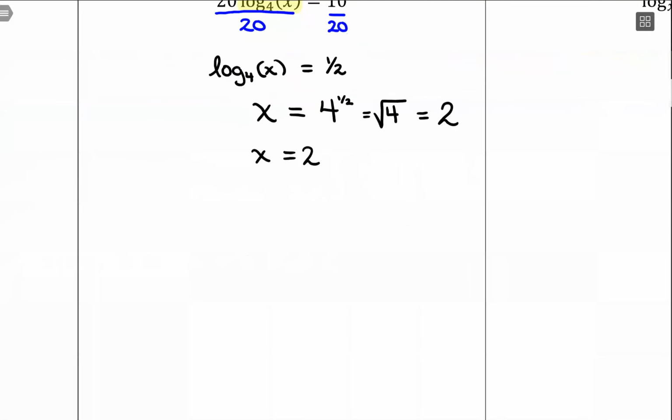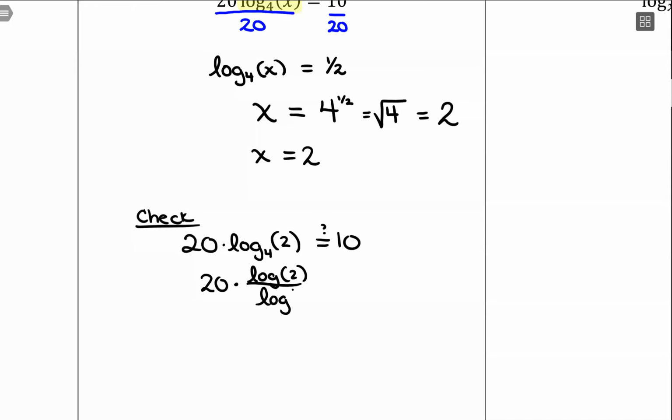So what we would do is check by plugging in 2. So we have 20 times logarithm base 4 of 2. And I want to know if that equals 10. And to plug in this logarithm base 4 of 2, I would need my change of base formula.